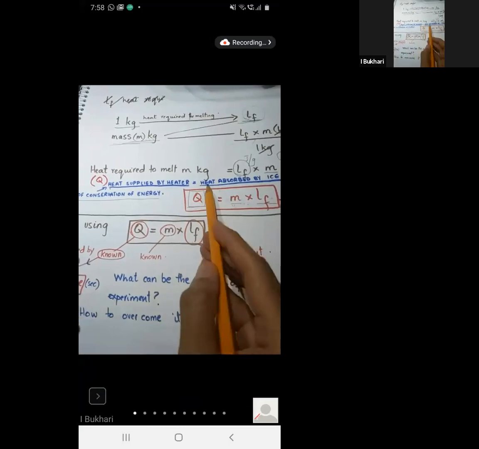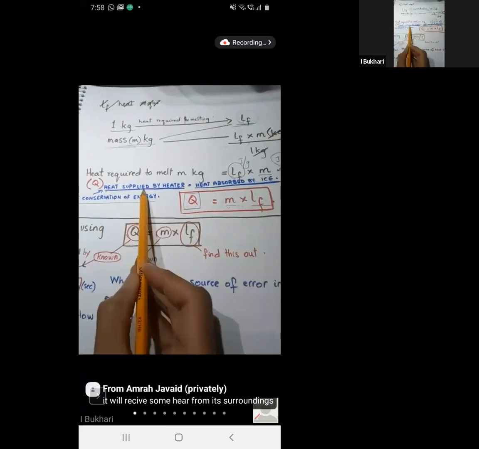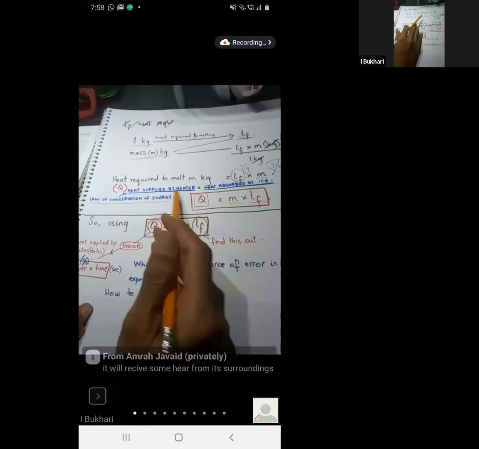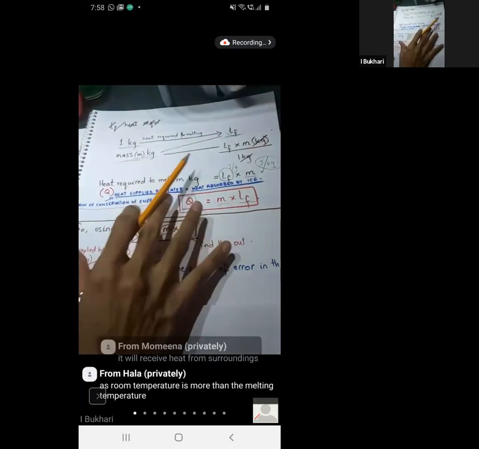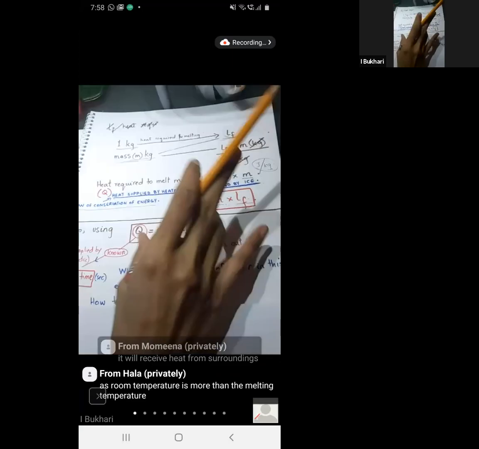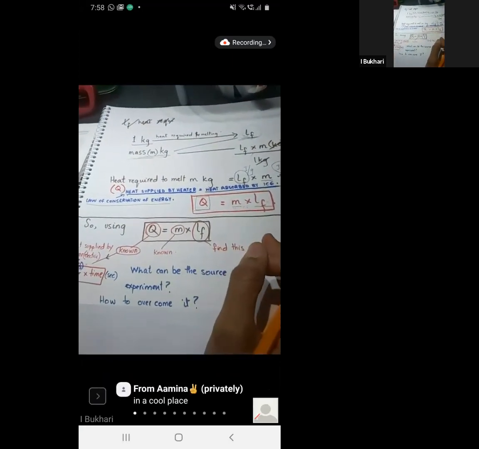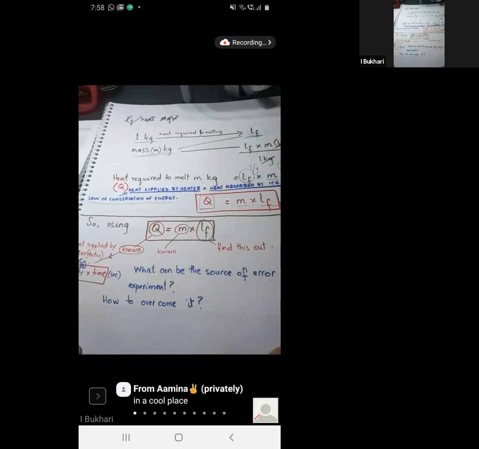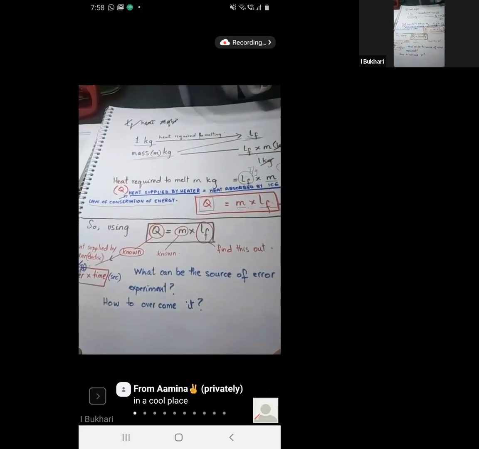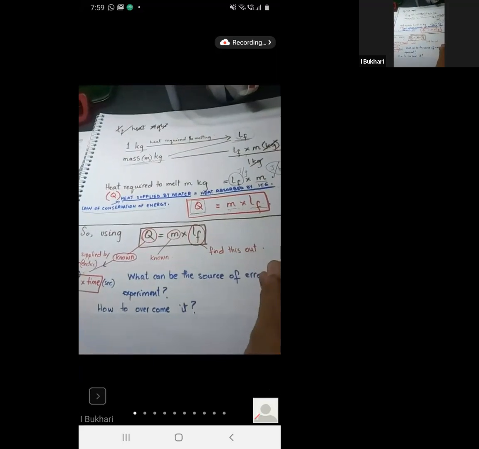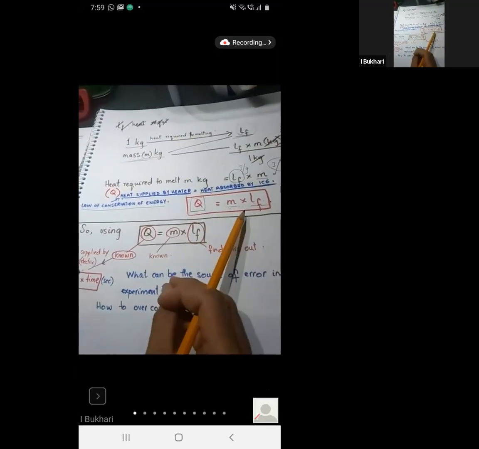So actually the heat absorbed by ice is the heat supplied by the heater plus the heat absorbed from the surroundings. Actually, in practice, that is true. So now what to do? There are two ways to overcome this error. One way is to find out how much of the ice has melted due to the heat from the surroundings.